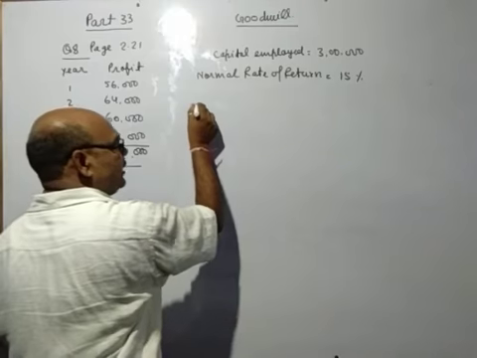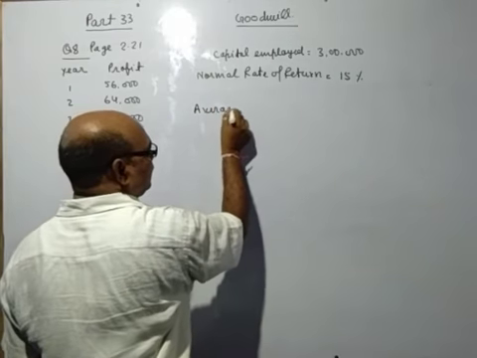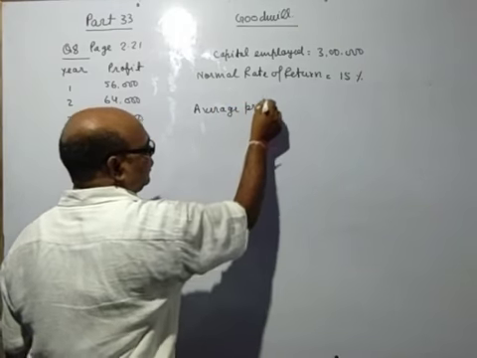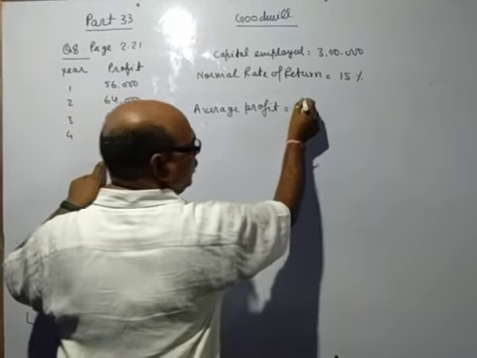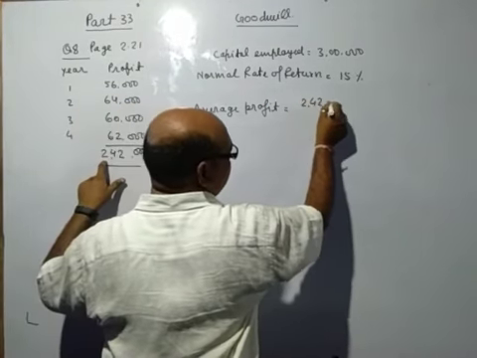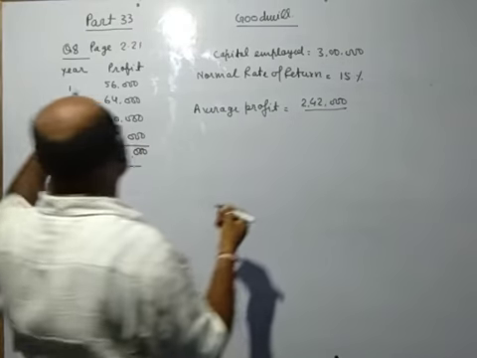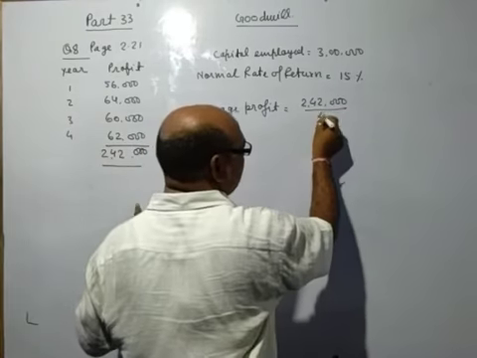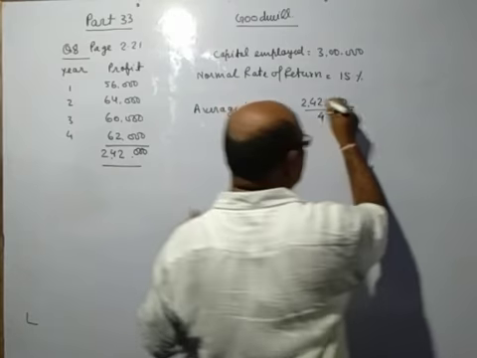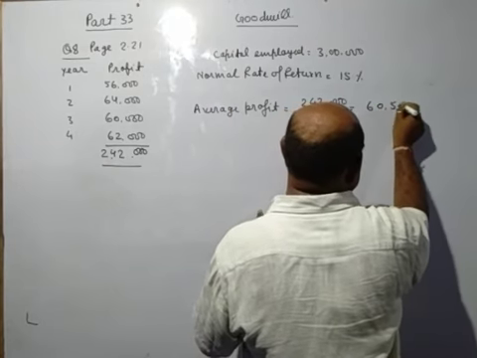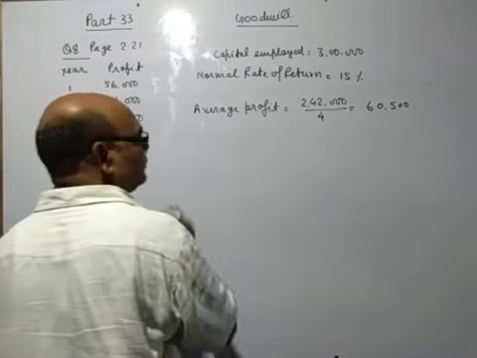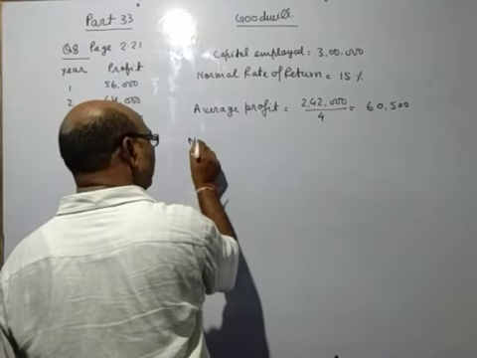So you will calculate the average profit. Average profit means total profit 2,42,000 divided by number of years, that is 4. So average profit is 60,500. Now you will calculate normal profit.